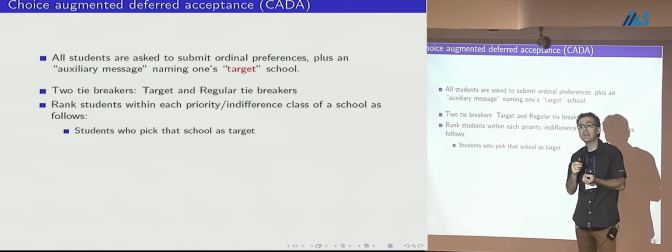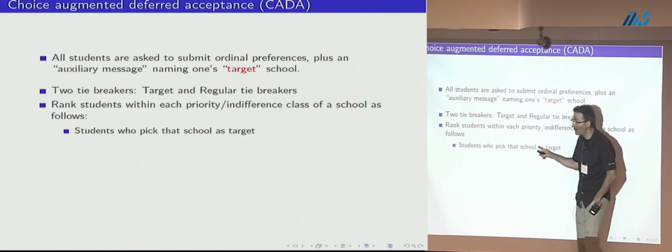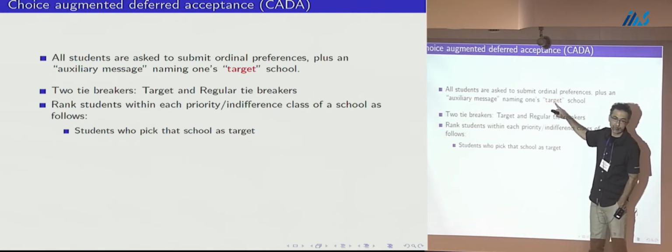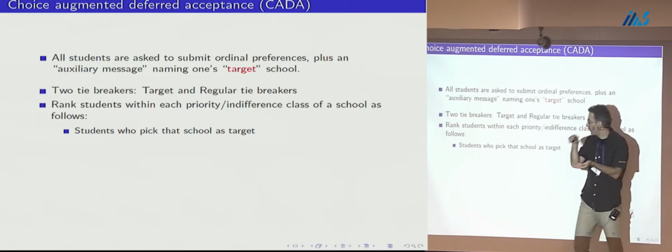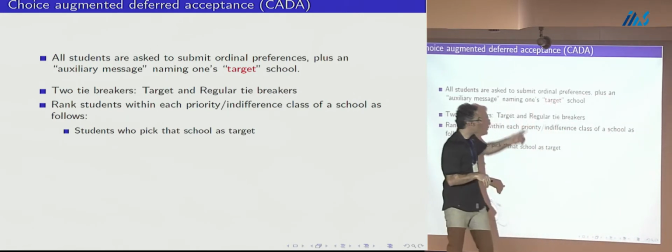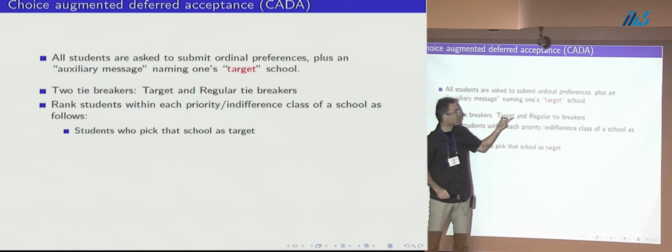We are also going to do this randomly, but we are going to favor students who target that school in tie-breaking. So within that priority group, we are going to rank students who target that school at the top, and below them we are going to rank students who do not target that school. And within each group, we are going to use the target and regular lotteries to break ties.